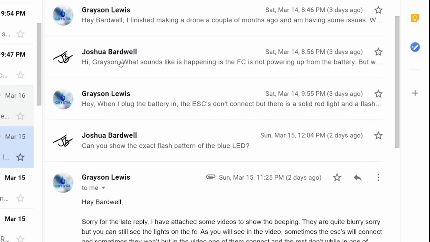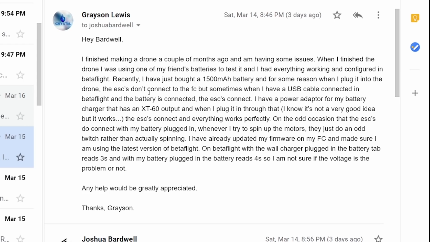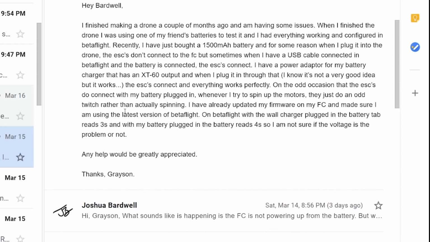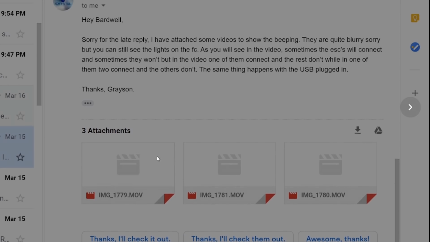Here's a question from Grayson Lewis, who is having a problem where the ESCs don't connect, but there's a flashing light on the flight controller. I asked for a video of the flashing, so let's see. Let's listen also. Oh, that's just a normal startup sequence.